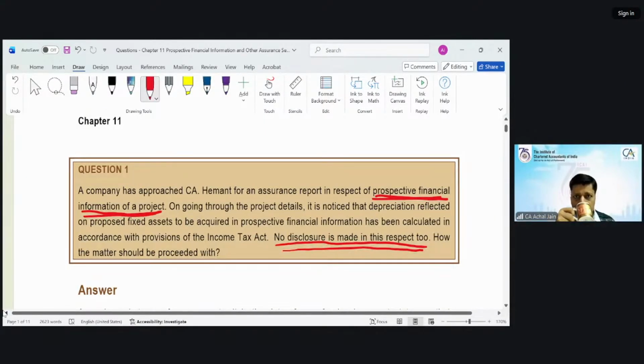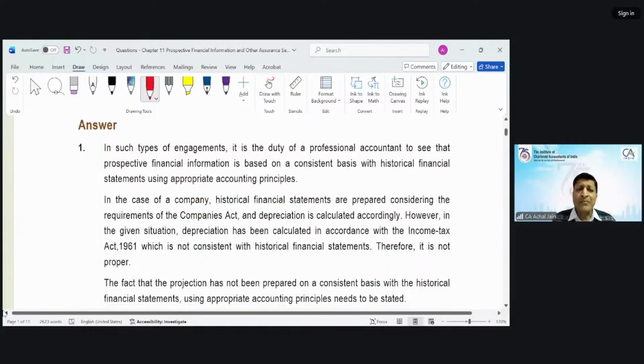All right. Good. Now, in this case, what is the information? It's the prospective financial information. Here again, if you pick up that formula A plus B, your A is what?